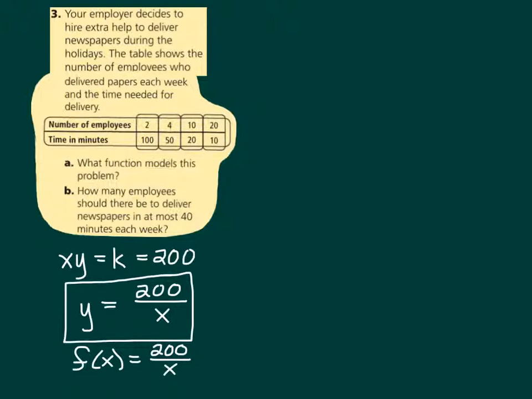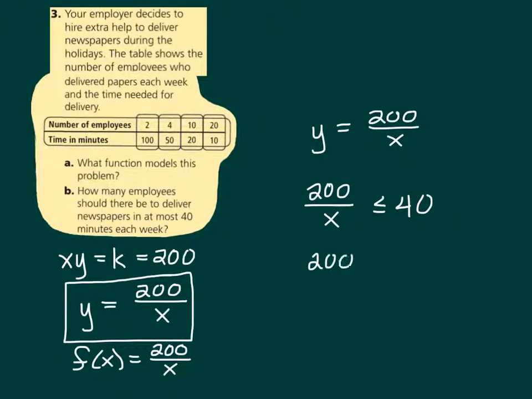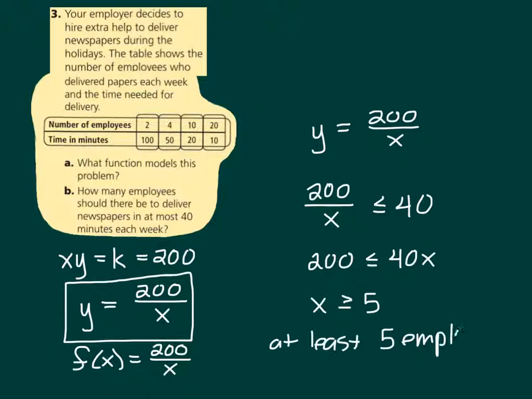So we know that we have Y is 200 over X. When will this at most be 40? We get 200 less than or equal to 40x, so we get that x should be greater than or equal to 5. Right? There should be at least 5 employees.